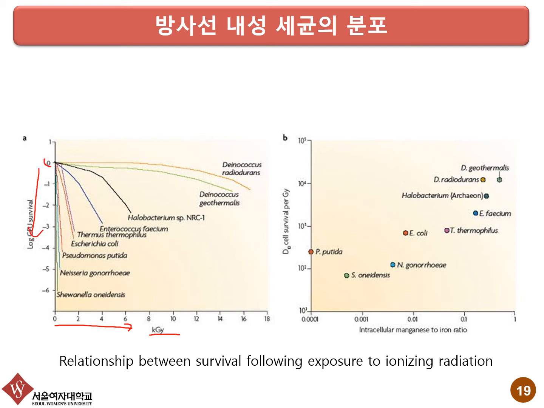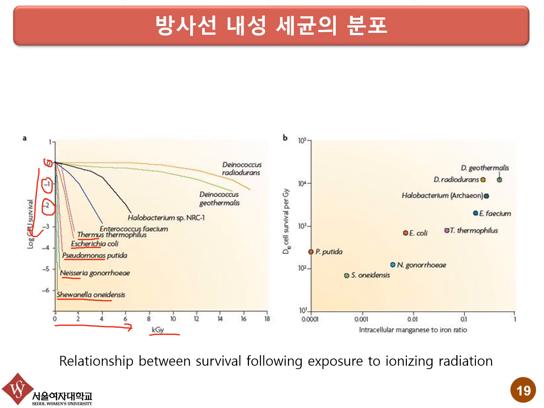So 0 means 100% survival, and minus 1 is 10% survival, then 1%, 0.1%, and so on. Even with a low dose of gamma radiation, Shewanella, Neisseria, Pseudomonas, E. coli and Dermis all cannot survive even from 0 to 2 kilogray.